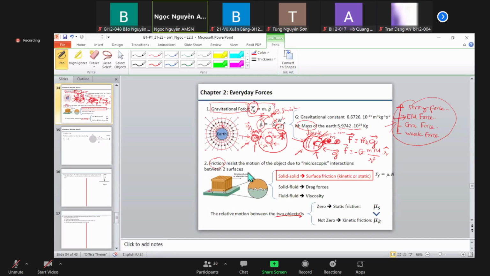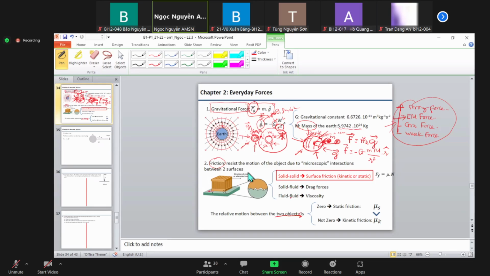So the two objects here can be solid and solid, solid and fluid, or fluid and fluid. When you have interactions between fluid and solid, you have drag forces.